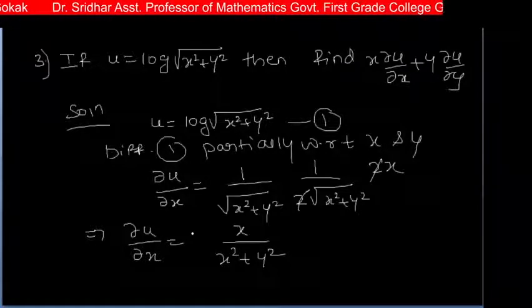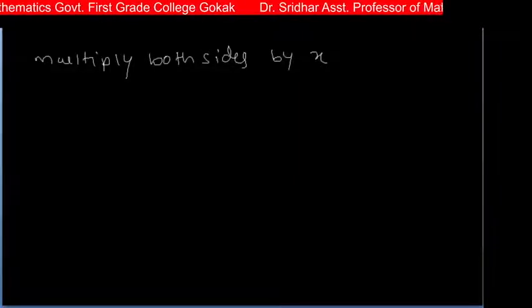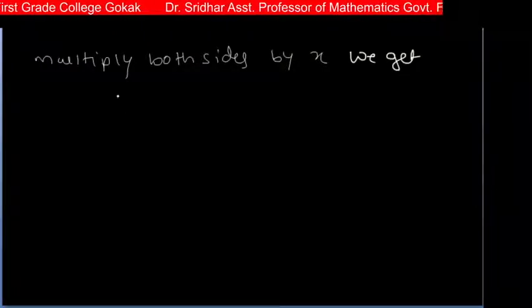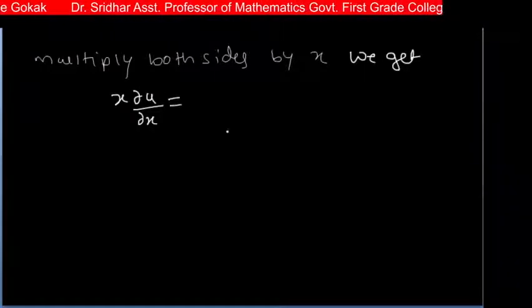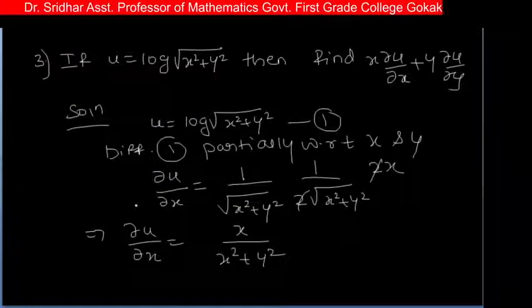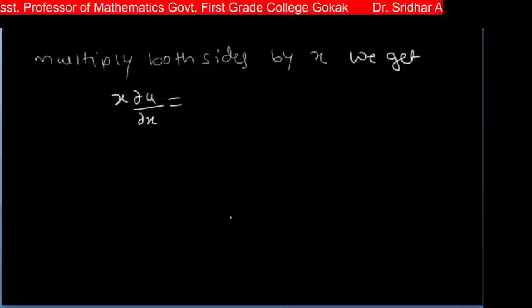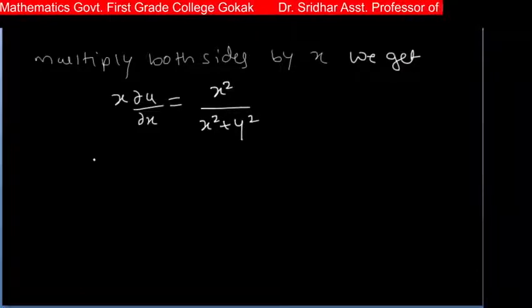So multiply both sides by x, we get x into du by dx is equal to x into x, x square divided by x square plus y square.